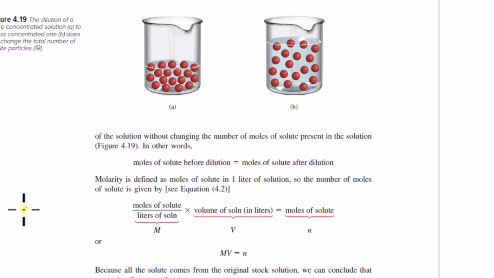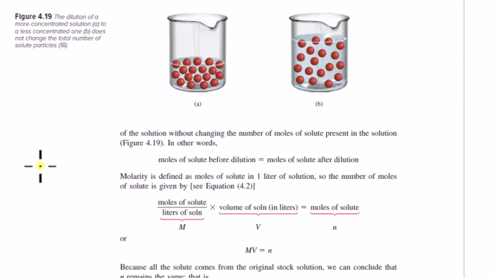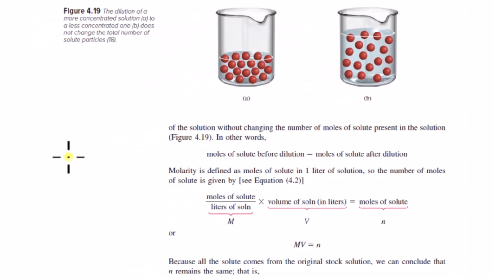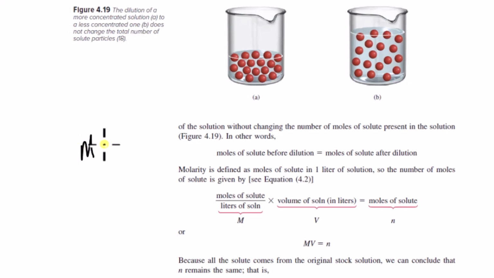Because the number of moles of the solute isn't changing, then if we think about the formula for molarity, well, since n is constant, if we cross multiply, the number of moles is equal to M times V. Well, since in this particular process, this dilution process, going from here to here, n doesn't change, n is a constant.